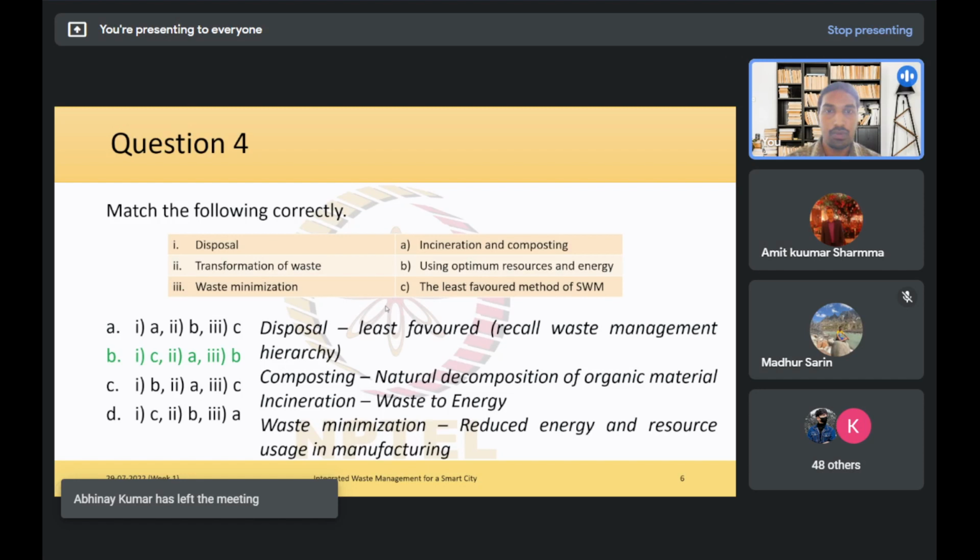And with respect to transformation of waste, we looked at incineration and composting. We saw how incineration is used to convert waste to energy, right? It reduces the volume of the waste, and also gives us useful energy. So that way we are transforming the waste into useful energy.